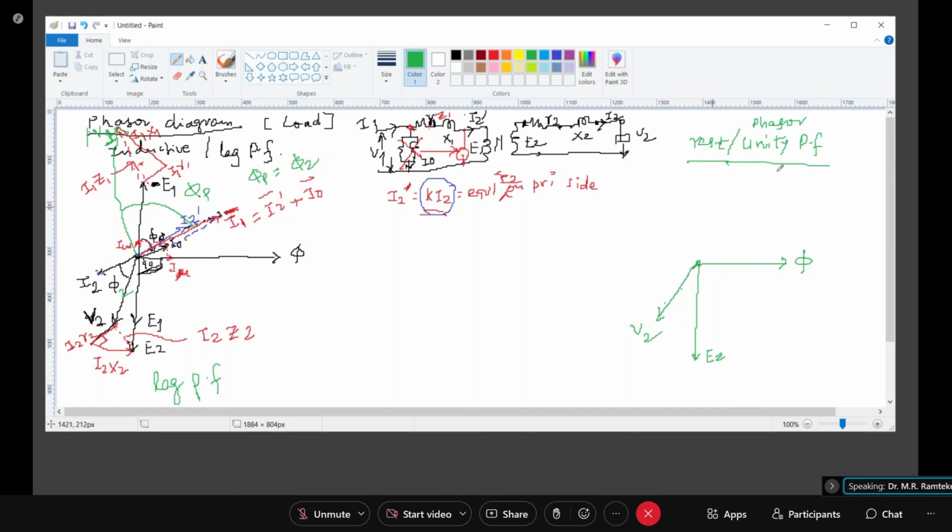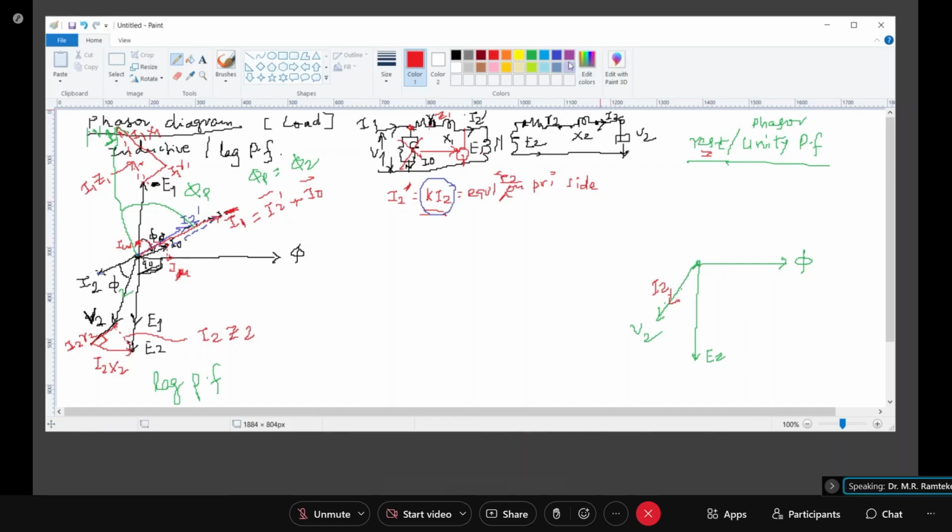Then, as you know, it is a unity power factor, so my current will be in phase with this. So this is my I2. Because it's a resistive load or unity power factor, current and voltage in the load will be in phase. So there is no phase angle between I2 and V2.